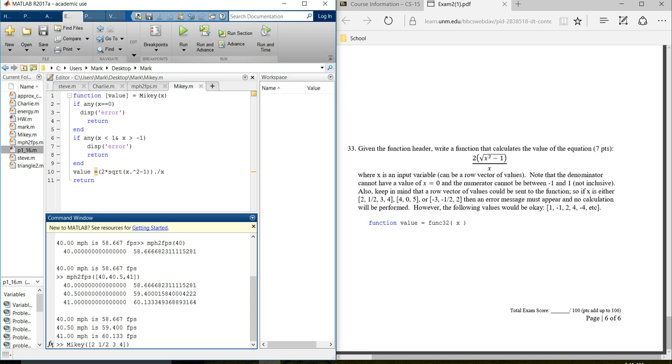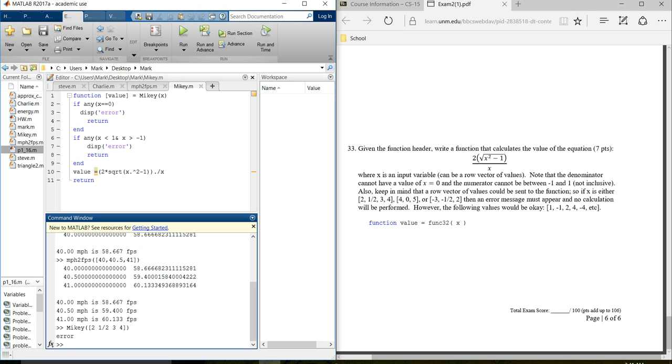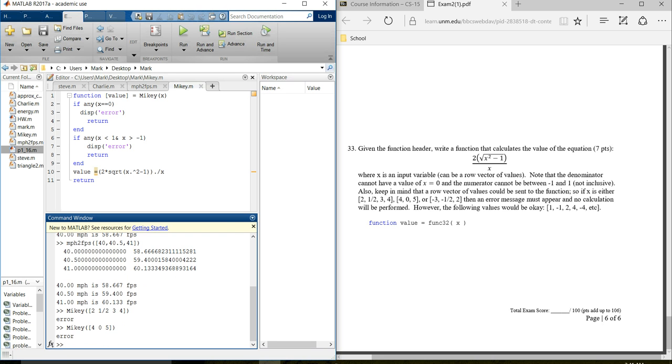That's that time of my error. I got an error. Good. And it said I should get an error on 4, 0, and 5. I also get an error. And I should get an error on -3, -1/2, and 2. And I don't think I hit the negative sign.